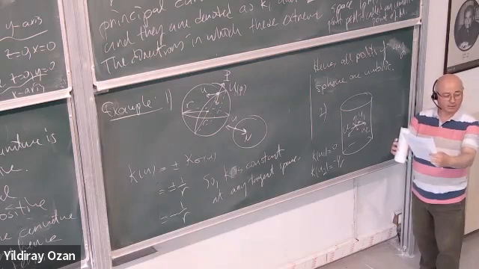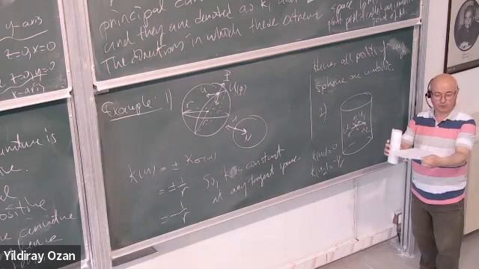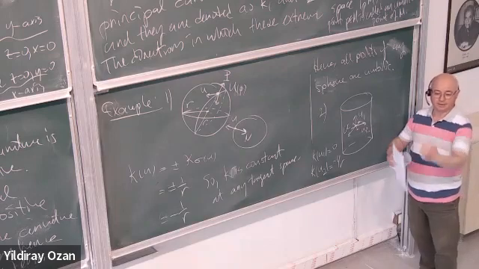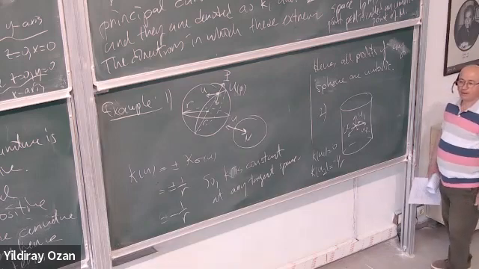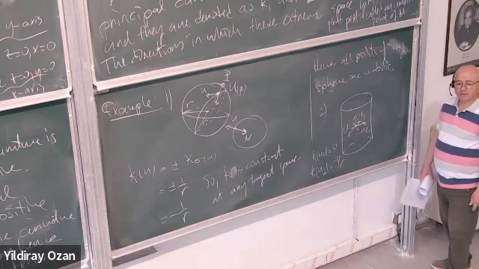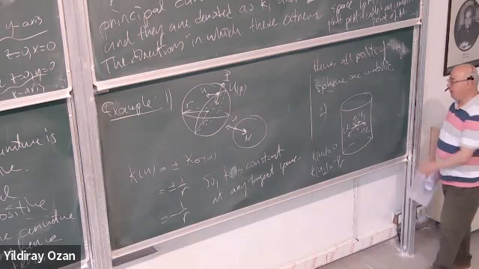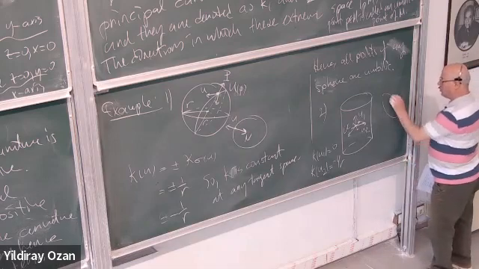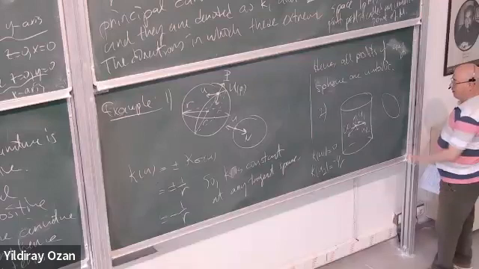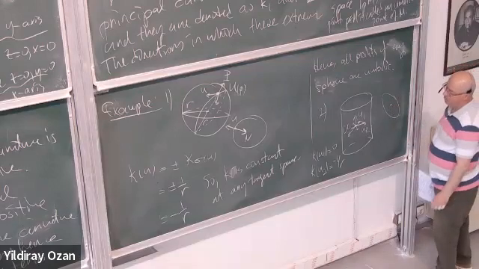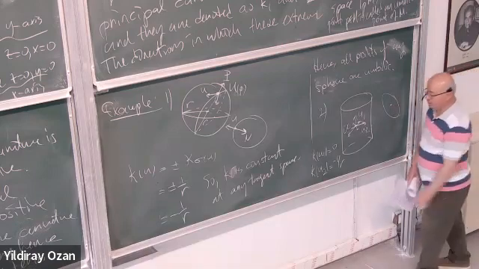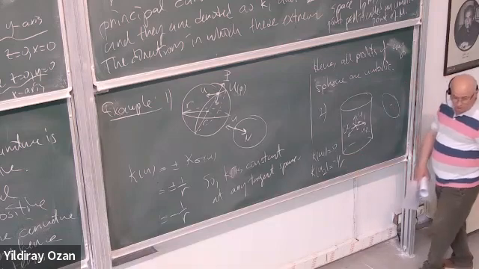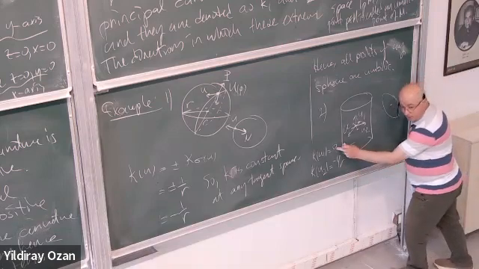And if you cut with another plane, not necessarily this perpendicular plane, you will get an ellipse. And the curvature of the ellipse will be, I guess, something between 0 and 1 over r. So this will be the minimum value.